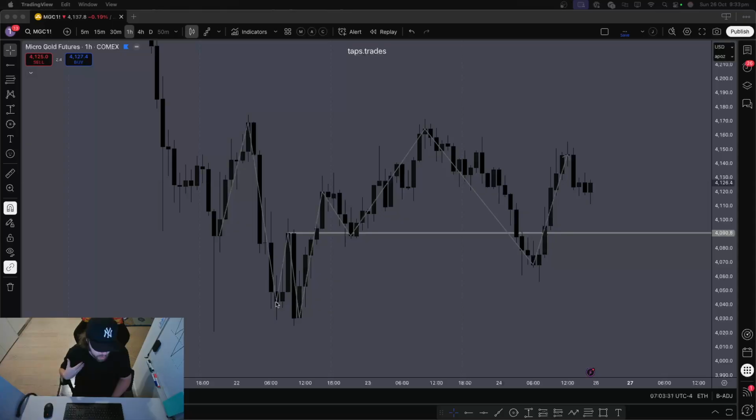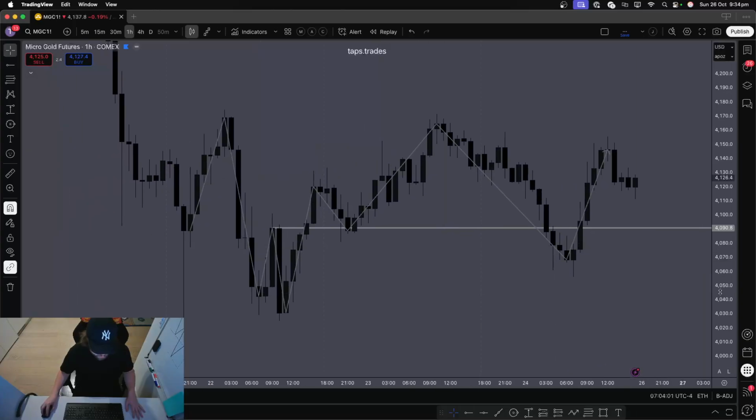From ways that I've previously traded in the past, I've always found that drawing levels from the body of the candle rather than the wick of the candle is just something I've always been used to. If it doesn't work for you, you can definitely draw to the complete extreme, the swing high and swing lows where the wicks are. But in this instance, my preference has always been drawing to the bodies.